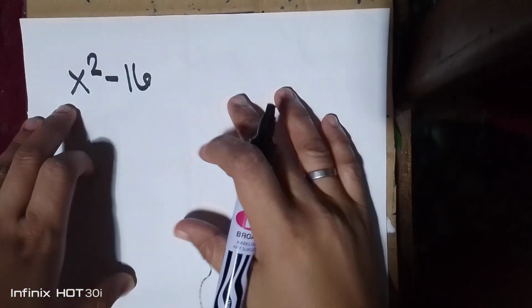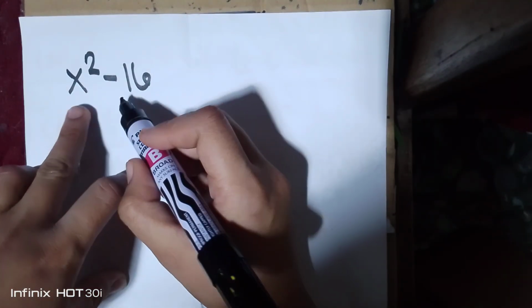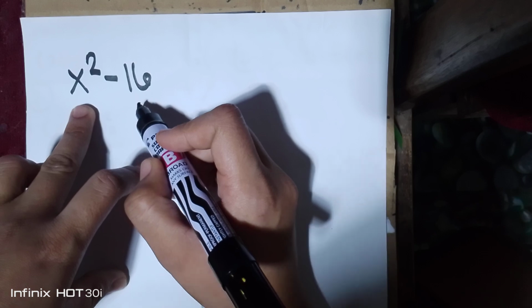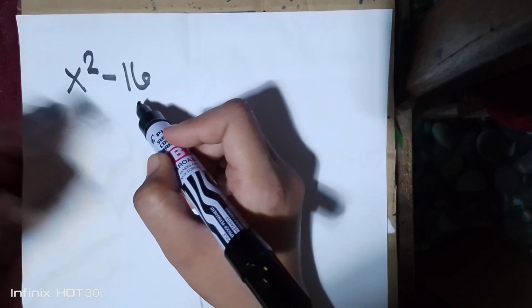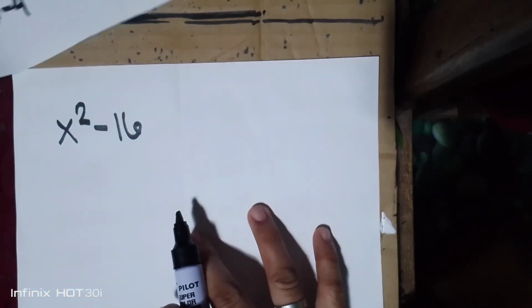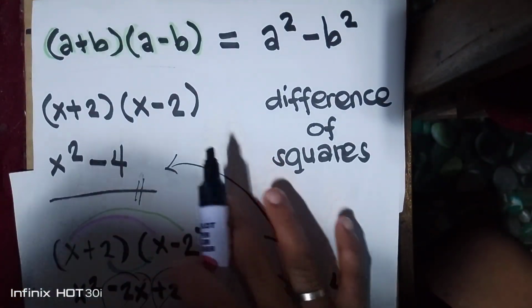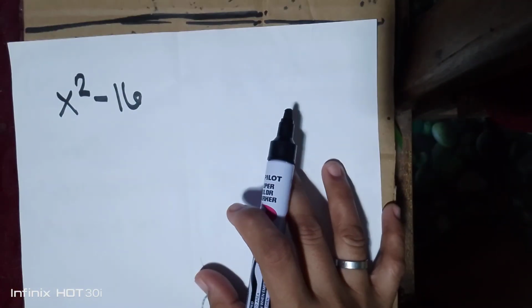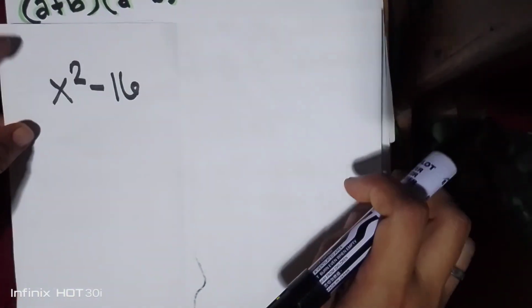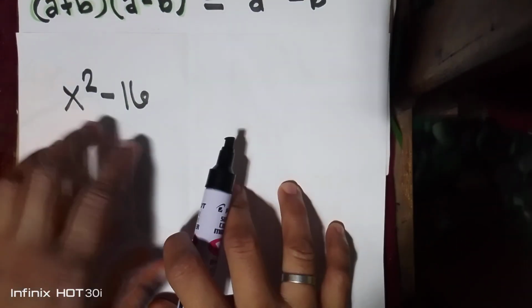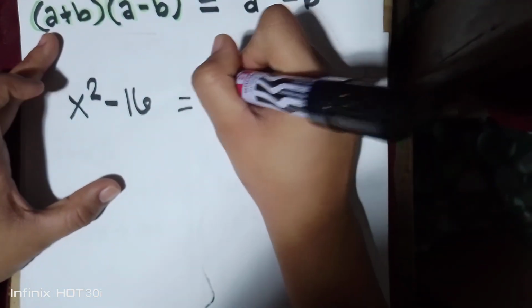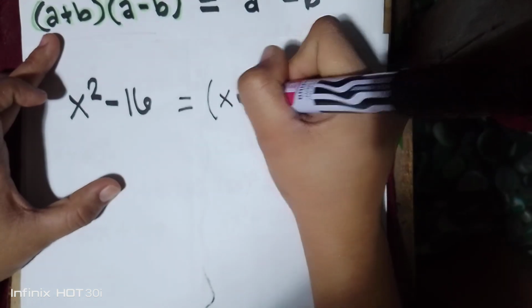So what if we are given the difference of squares and we're going to find the binomials? Simply, we're just going to follow the pattern.